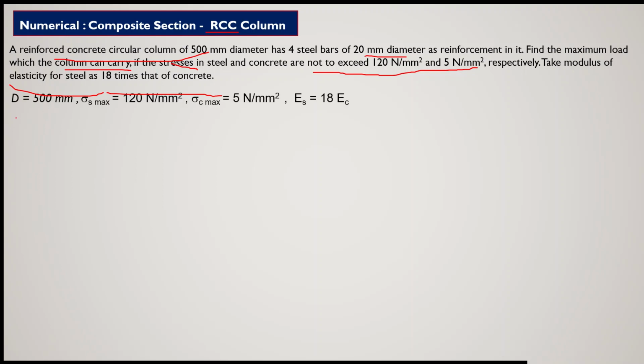Now, the data given: the diameter of the column is 500 millimeter. Sigma S maximum, the maximum stress allowed in steel, cannot go beyond 120, and the maximum stress allowed in concrete is 5 Newton per millimeter square, and the relation between the modulus of elasticity of steel and concrete is already given. Let me remove this so that we can actually understand.